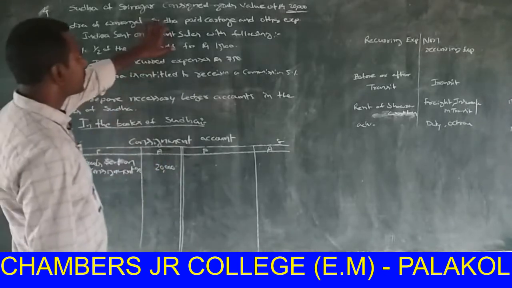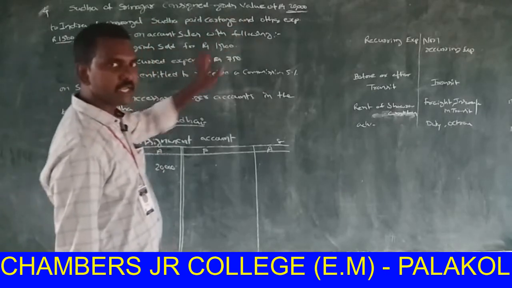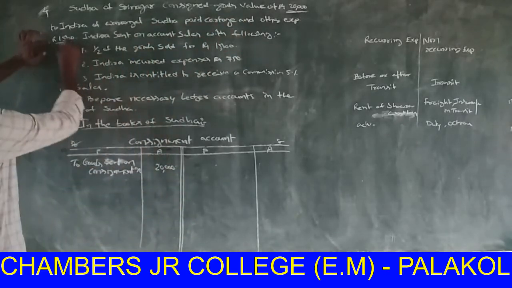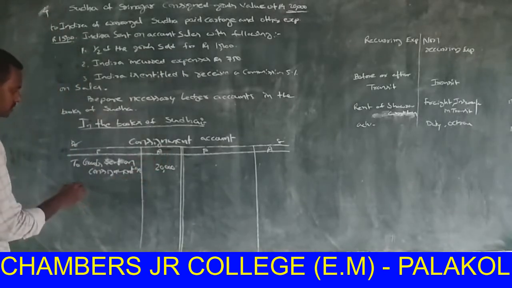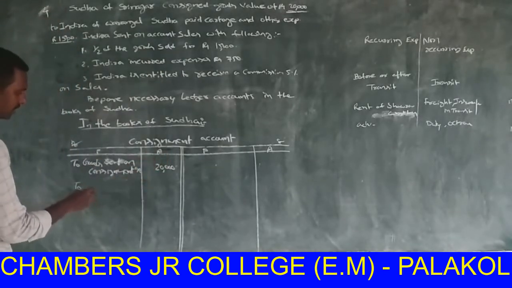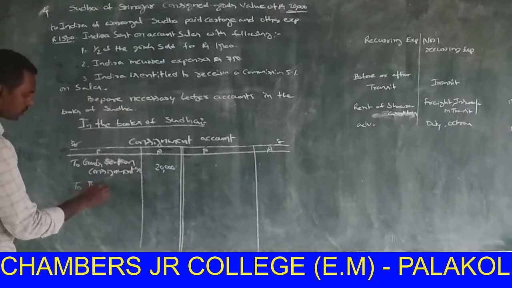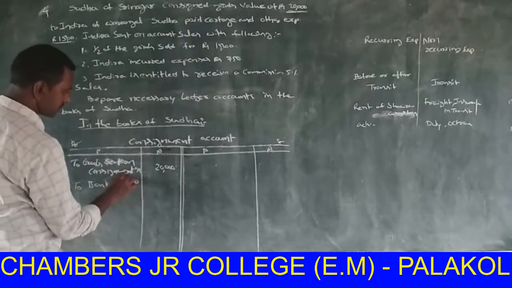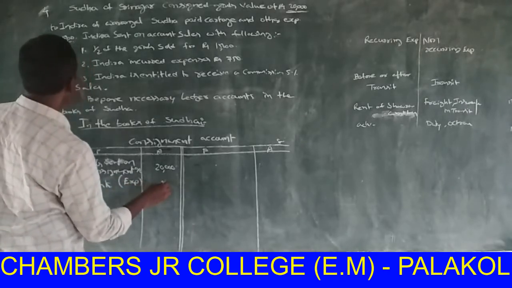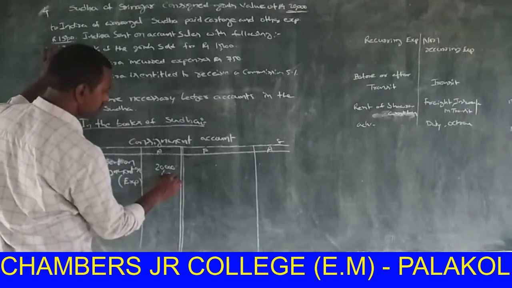Next, Sudha paid cartage and other expenses. This amount is the expenditure of the consignor, so it is also debited in the consignment account, to bank account, in brackets expenses, rupees 1,500.